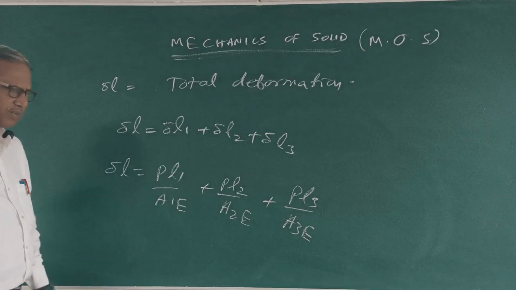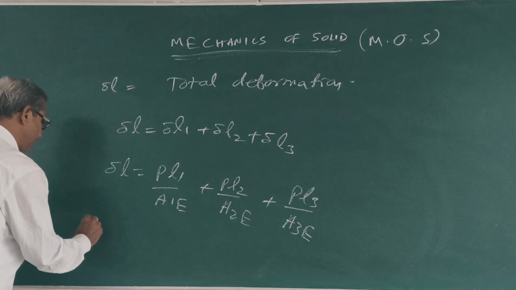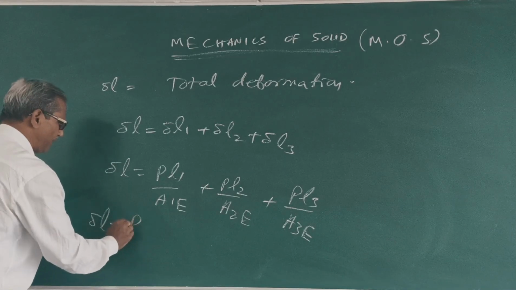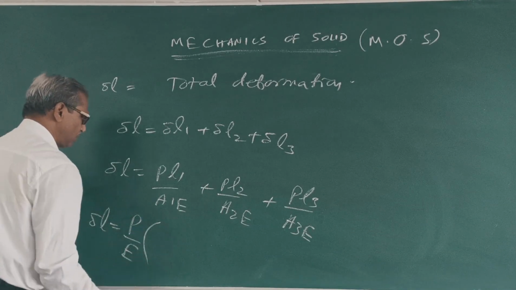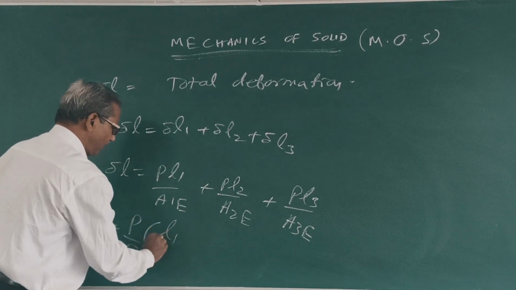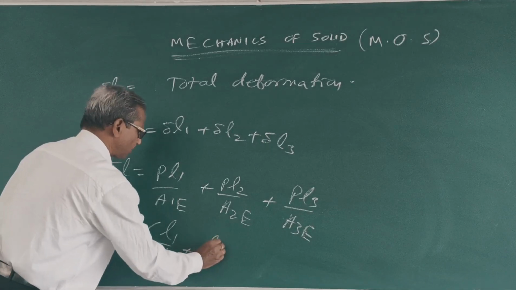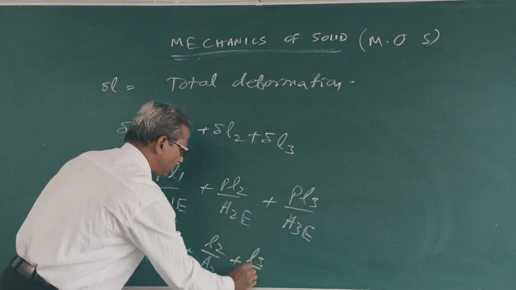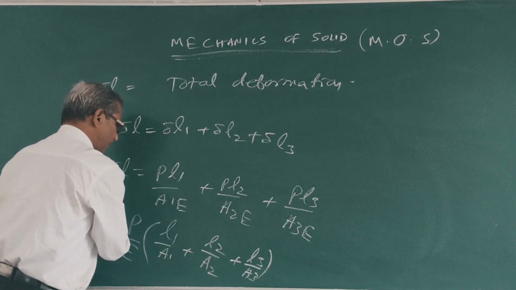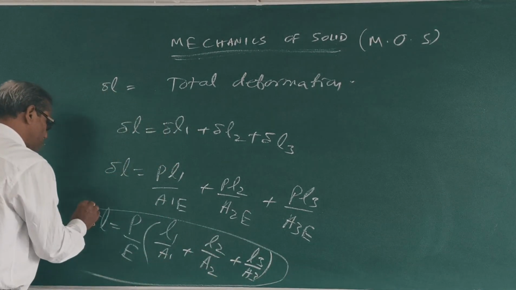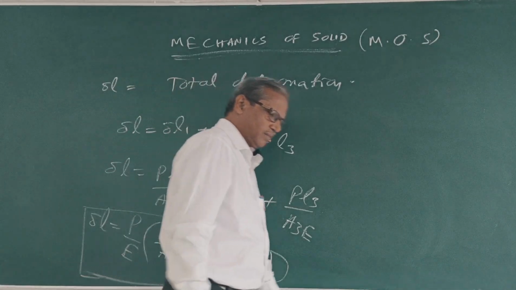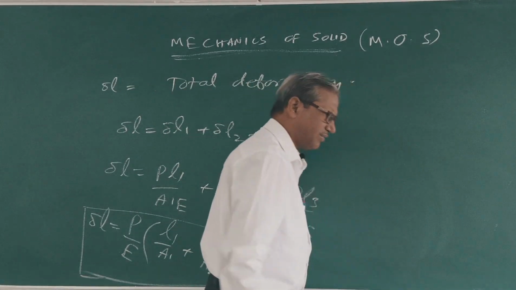The total deformation: delta L is equal to P by E, common, into L1 by A1 plus L2 by A2 plus L3 by A3. Clear? This is the total deformation of the bar of varying section. Clear?